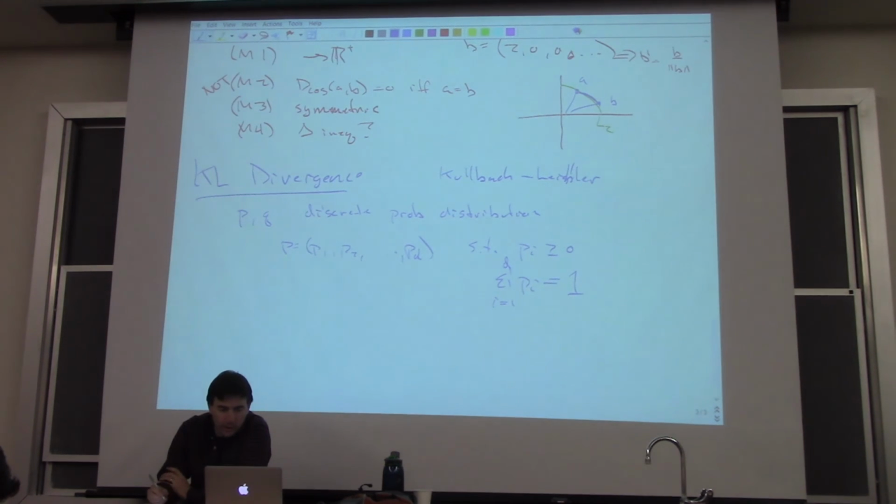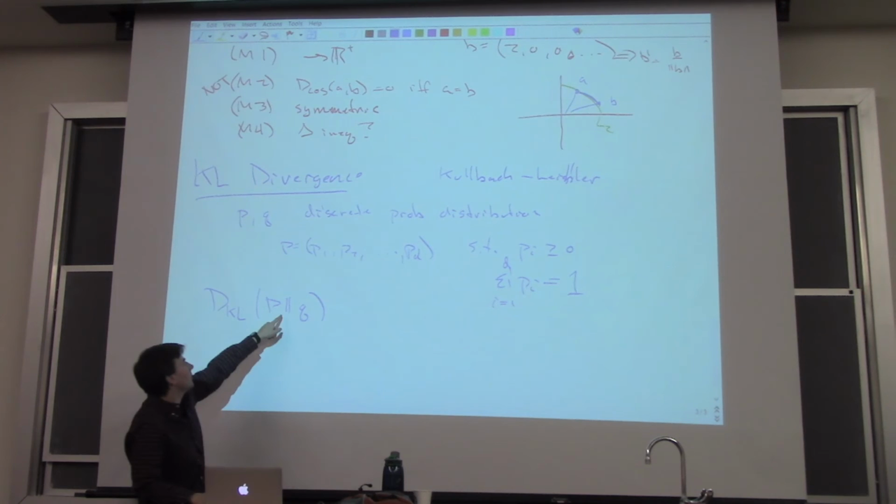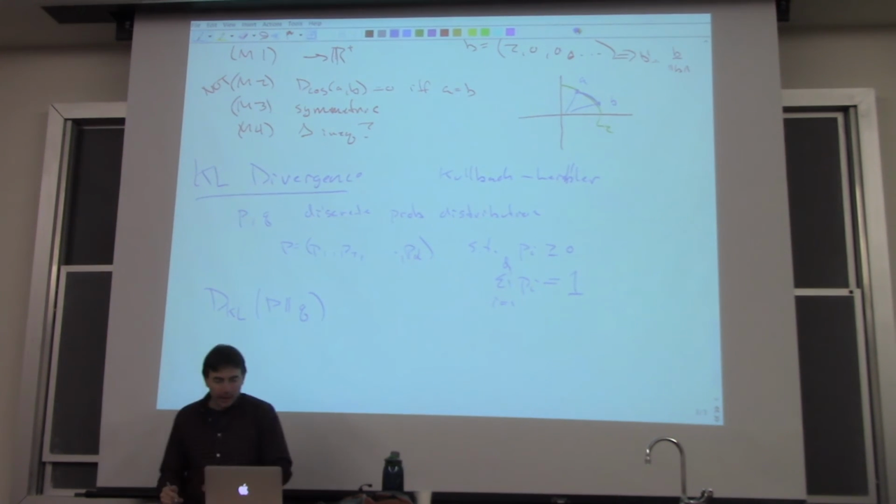Okay, and now the KL divergence. It's often written with a double bar between them instead of a comma, where you usually write a distance. The reason for that will become clear in a second.